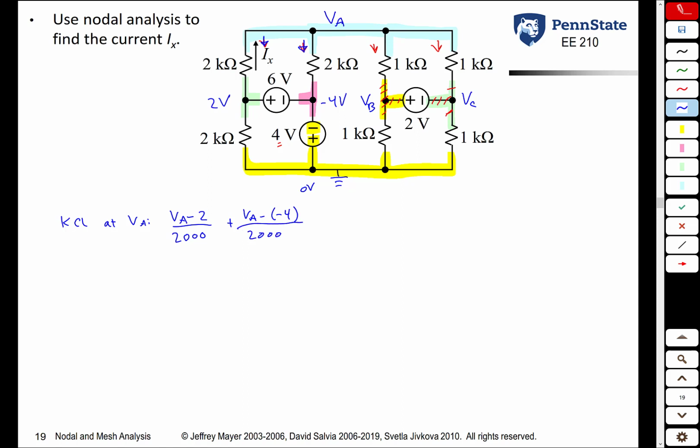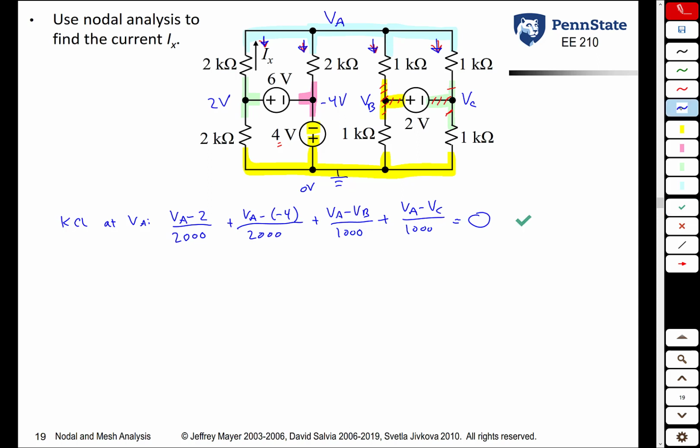No problem there. Current through this 1 kilo ohm resistor is VA minus VB over 1000. No problem there. Finally, the current through this 1 kilo ohm resistor is VA minus VC over 1000. No problem there. The sum of those is equal to 0. No problem so far, so we're happy.